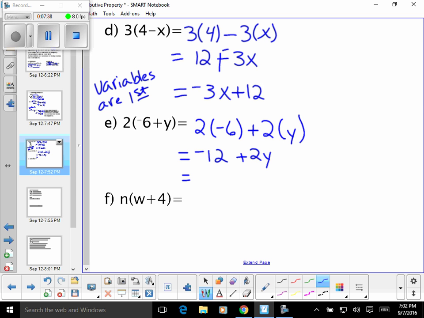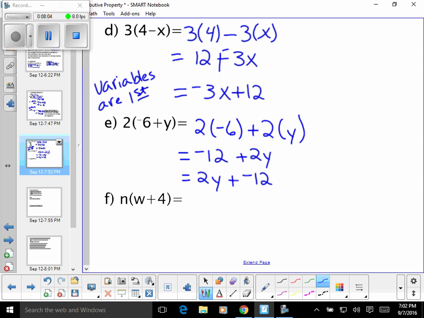This is addition, so I can do the commute, and I want that variable first. 2y plus -12. Now, if you remember when we had the lesson on like terms, I mentioned that they really don't like to leave things as plus negatives.